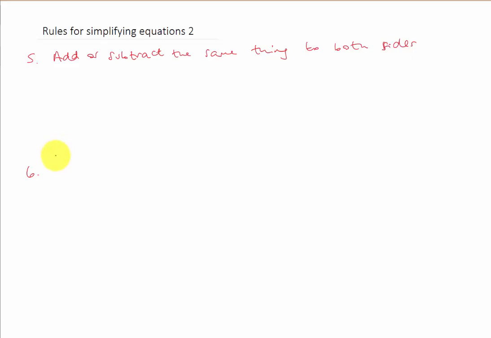And the sixth is that you can multiply or divide by the same thing on both sides. These are probably the main ones that you're going to be using to solve your equations.